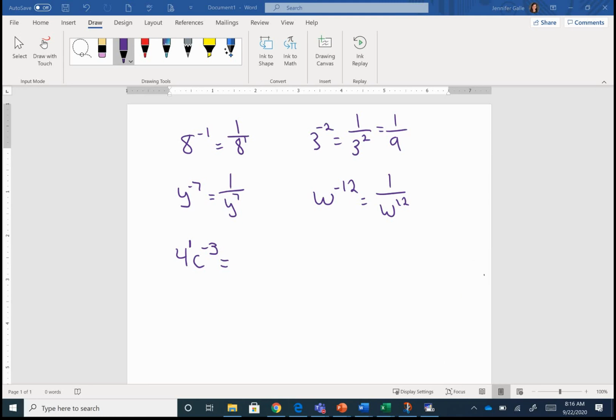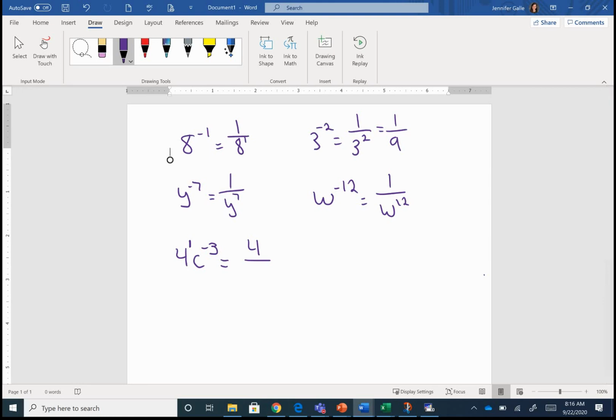Okay, guys, let's talk about this one. I'm seeing some really awesome things, and I'm seeing people that are super close. The 4 has a positive exponent of 1. So the 4 is happy. If it has a positive exponent, I say, hey, it's happy. So it's going to stay right where it is. It doesn't need to change.